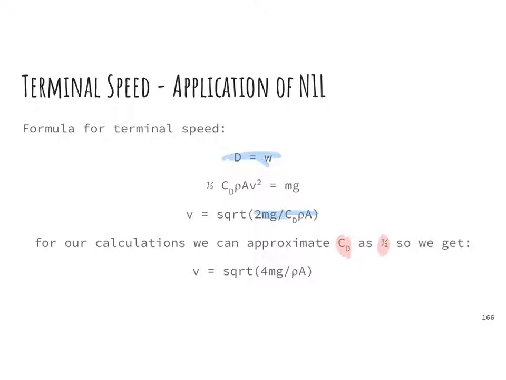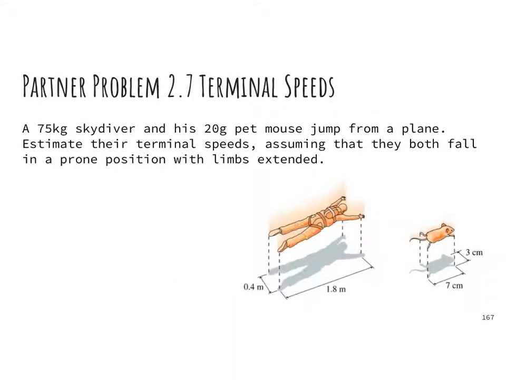And that gets us one quick formula where the velocity is the square root of 4 times mass times gravity divided by rho, the density of the fluid, times the cross-sectional area. And honestly, that's about as deep as we can get with it right now because of the concept of differential equations and how it applies to this mathematically. So that's all we're going to take a look at.